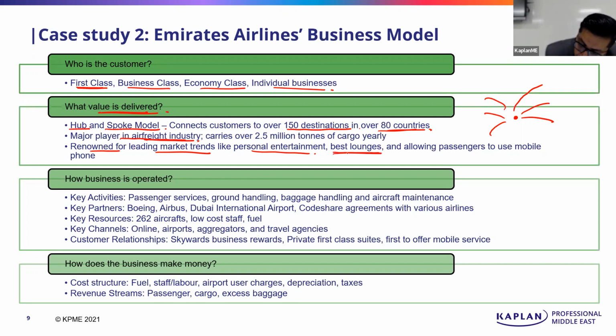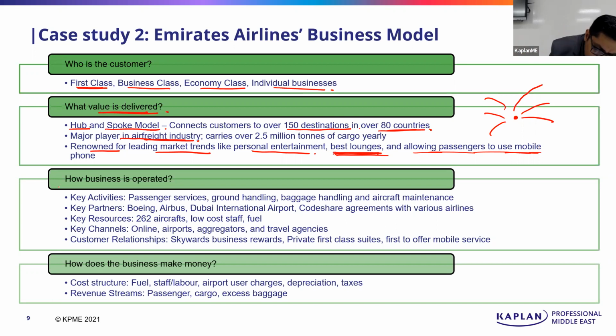They have one of the best lounges in the world at the airport. They also allow passengers to use mobile phones. Many airlines now allow you to use mobile phones by paying extra, but Emirates Airlines was the first airline to allow it.